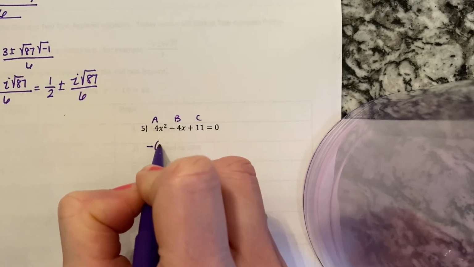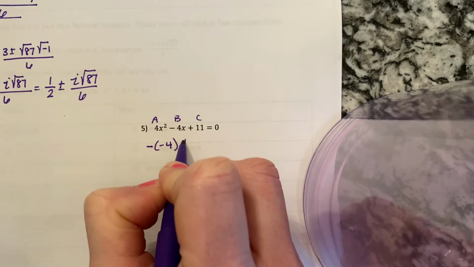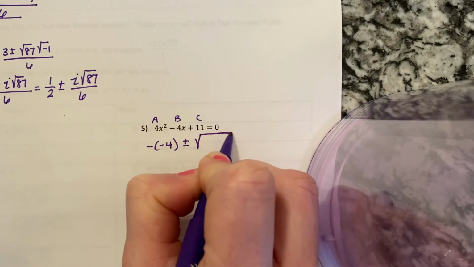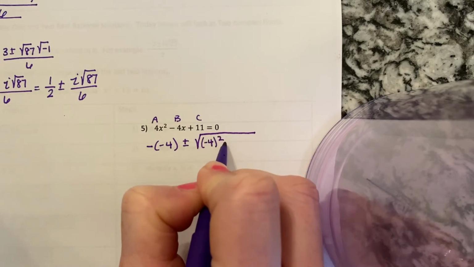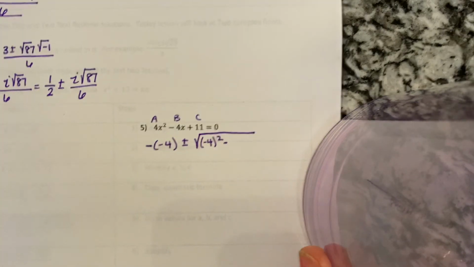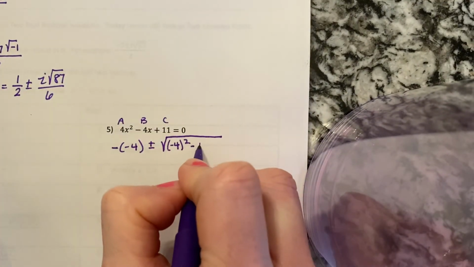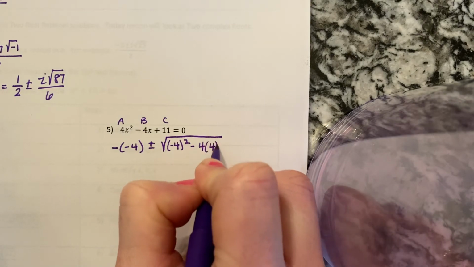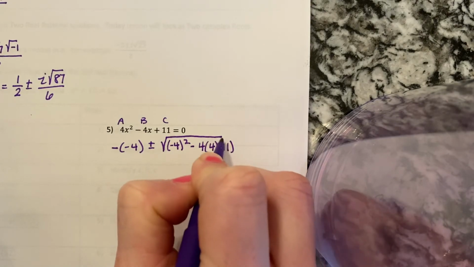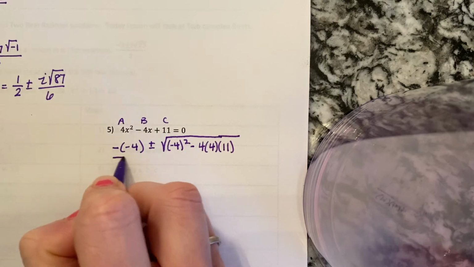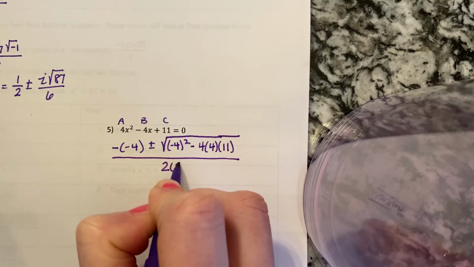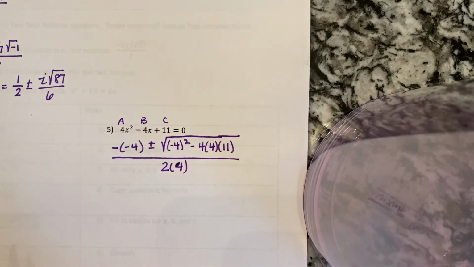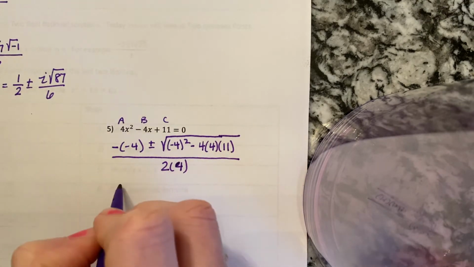So negative 4 plus or minus your square root of negative 4 squared minus 4 times A times C. And don't do what I did the first time. Don't forget that it's over 2A. All right, so clean it up.